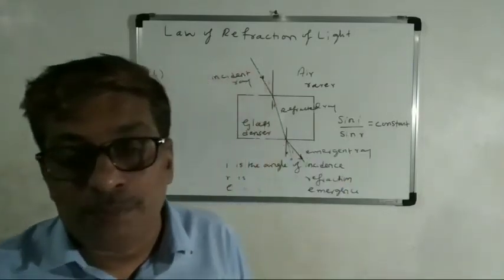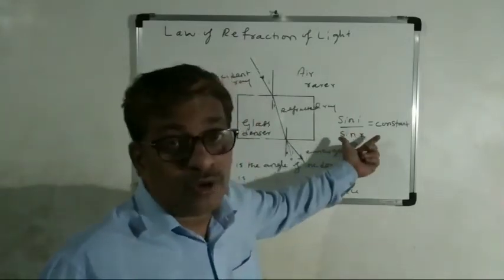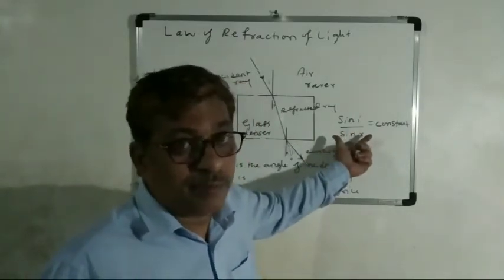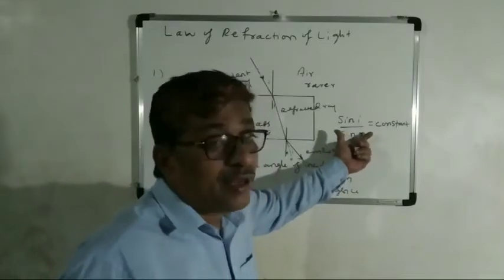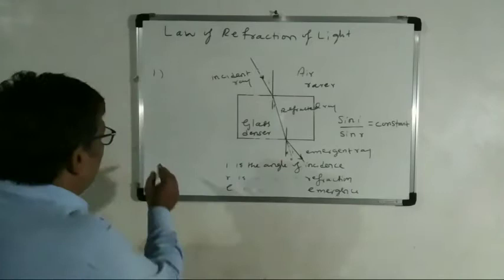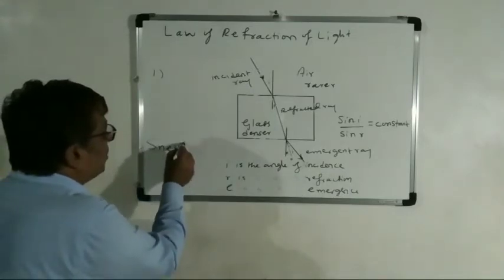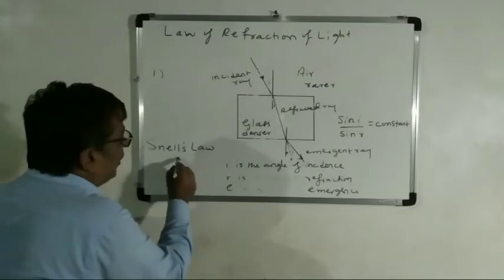This is the second law. It is also called Snell's law, a very, very important one. Sometimes in examinations they ask, what do you mean by Snell's law? Spelled S-N-E-double L, Snell's.